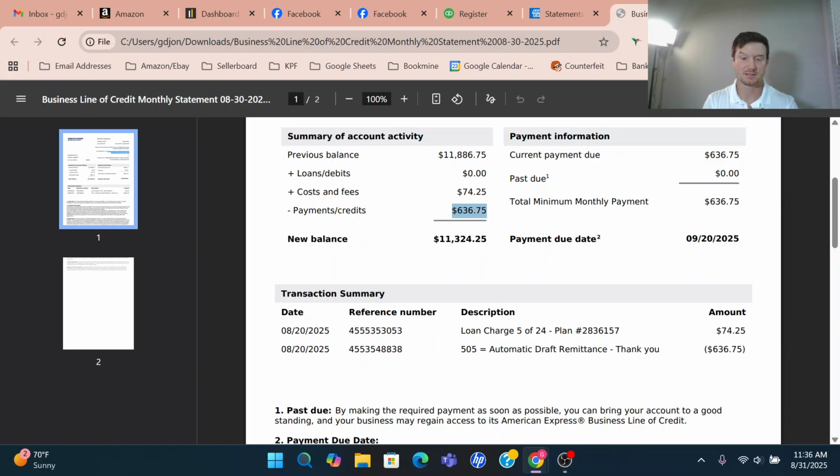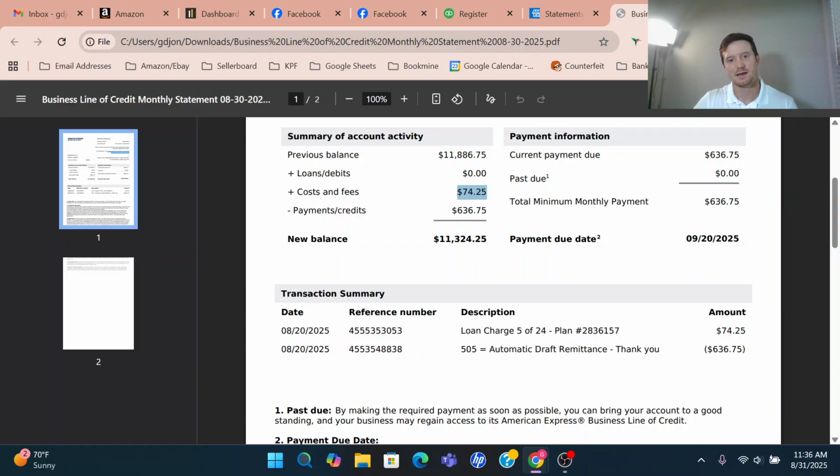Now, whenever it does that, you're going to think, all right, that's my expense, I'm done. But no, there's also this right here. They're adding $74.25. So every time, for this loan at least, every time I pay off the portion of the loan, they're also adding $74.25 to it.